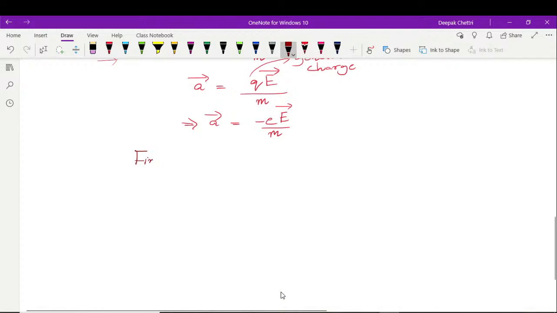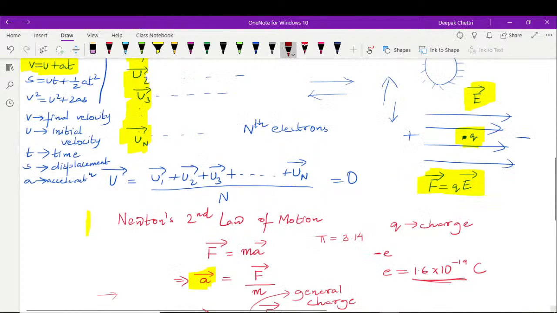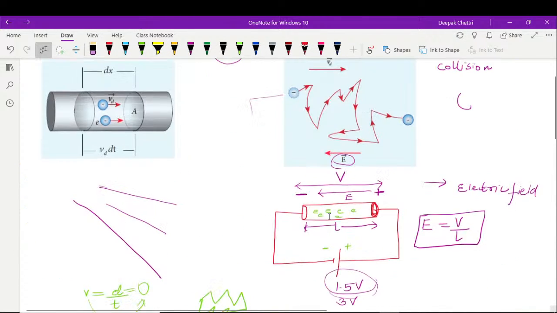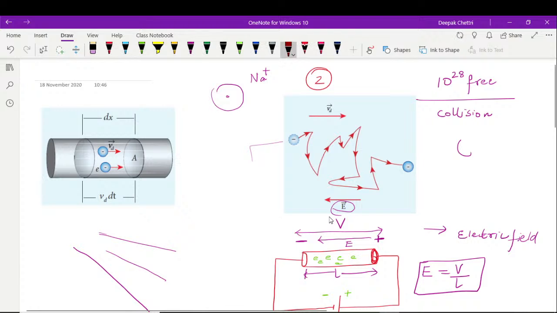Okay, so final velocities of n electrons. Let us say that the electron, now see what happens, look at this diagram. The electron will move and it will collide, again something will be there, it will collide, right?